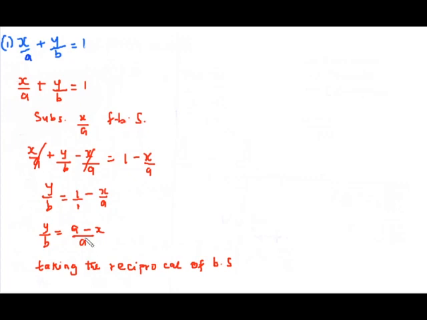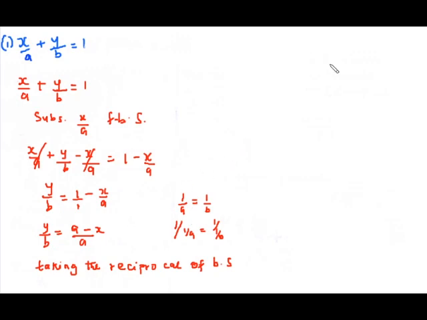Note, for you to take the reciprocal of both sides, you need to have a fraction in the form of, say, 1 over a equals 1 over b. So if you're taking the reciprocal of these two numbers, it becomes a over 1 equals b over 1. So those are the tactics to use when you have this form of equation.